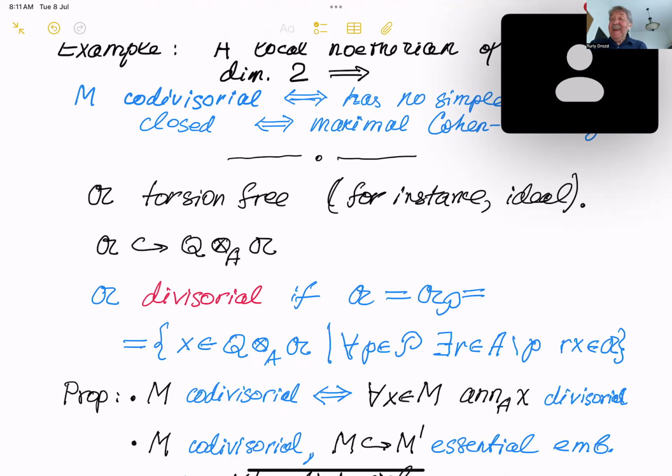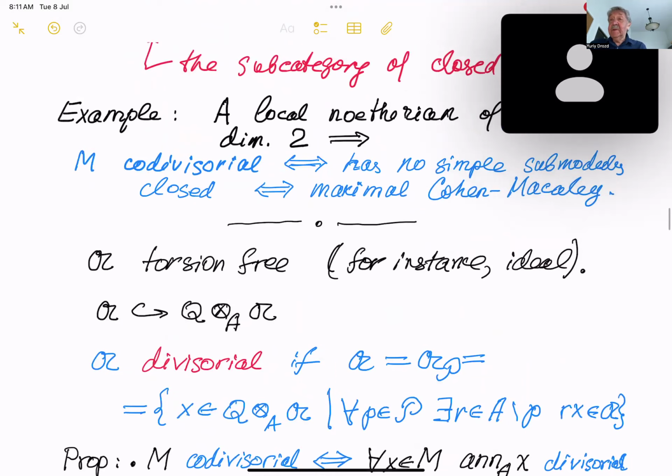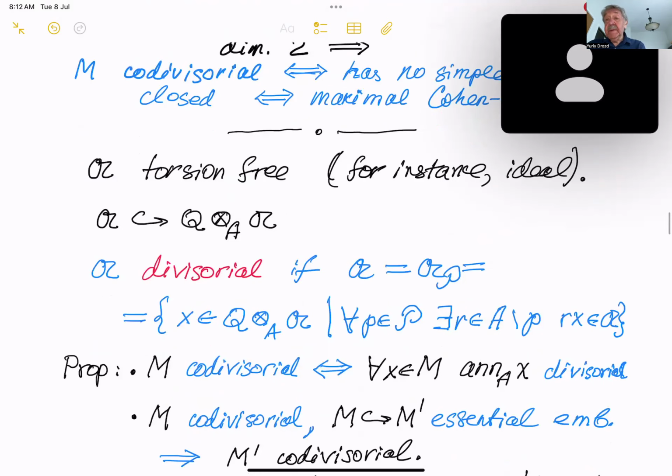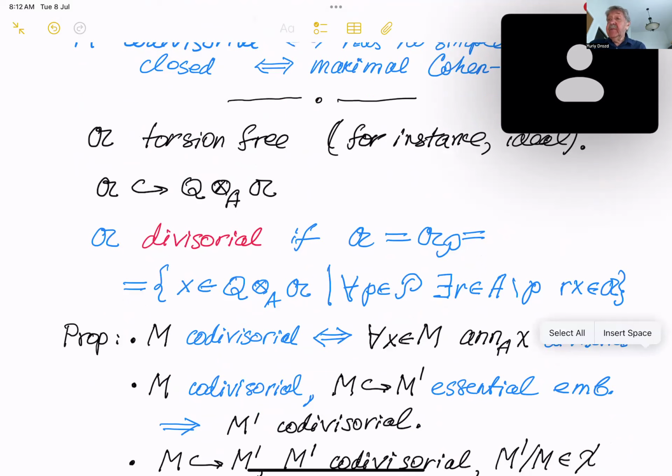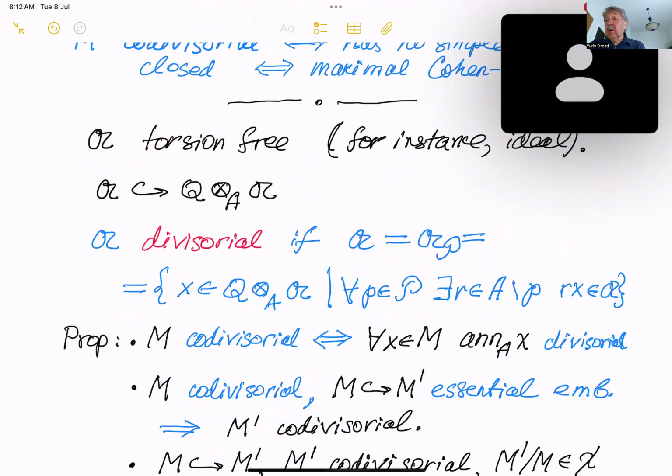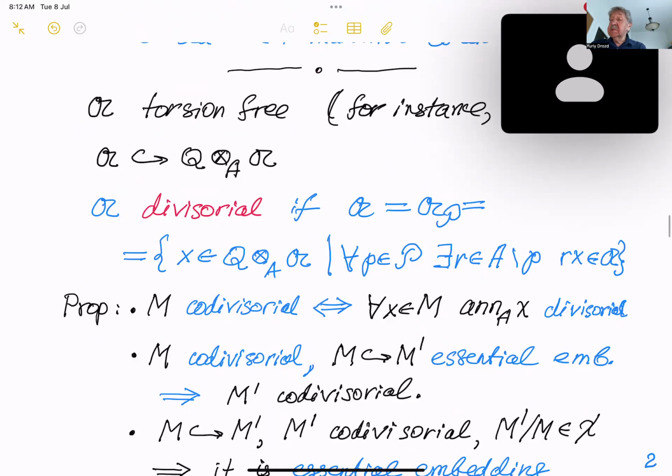Now I can explain this term codivisorial. Namely, one can prove that M is codivisorial if and only if the annihilator of any element from M is divisorial. Moreover, if M is codivisorial and there is an essential extension of M, so we embed M in a bigger model M' such that it is essential, which means that any non-zero submodel of M' has a non-zero intersection with M, then M' is also codivisorial.